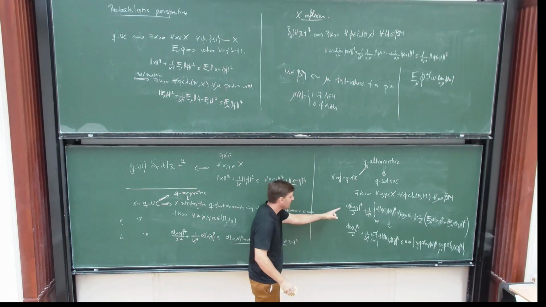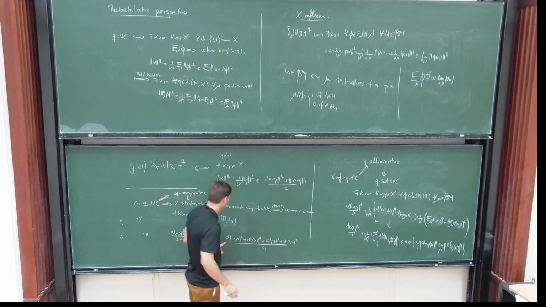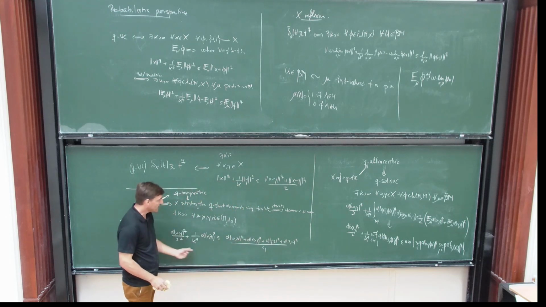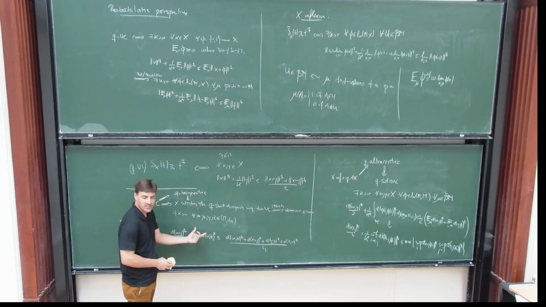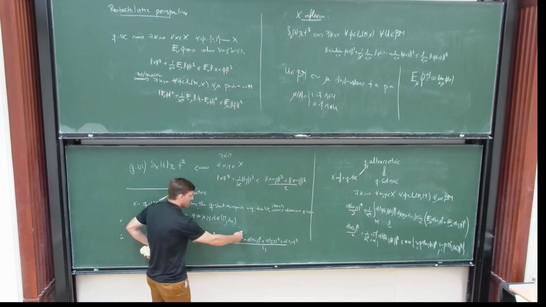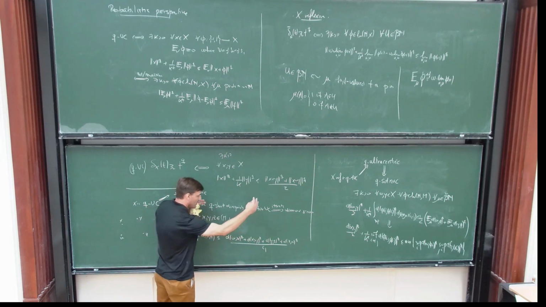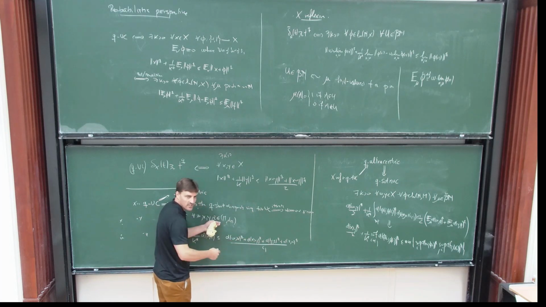Now the difference between here and here: this one here, I can write in a probabilistic way. And what you have here are uniform averages. So you can think of this one as a uniform average of a uniform average, two nested averages.